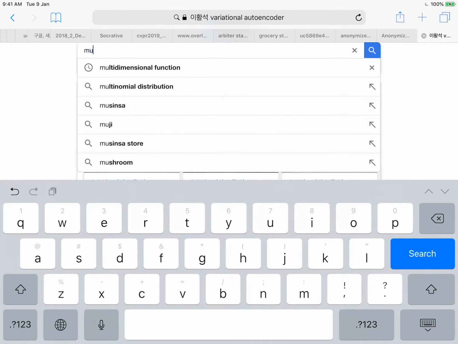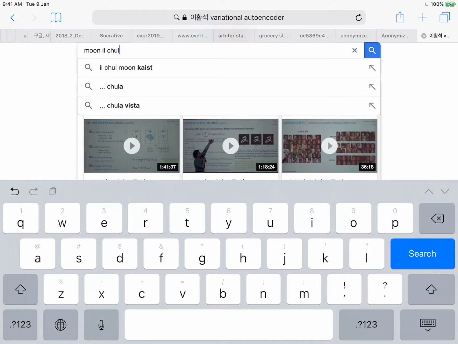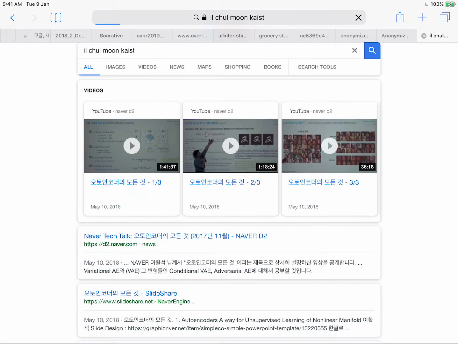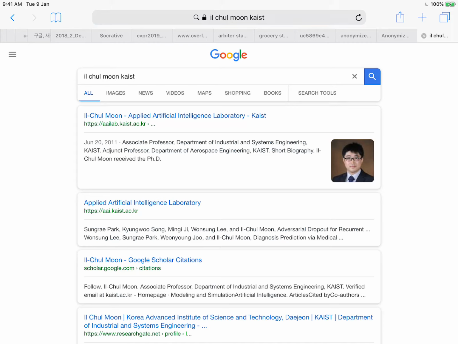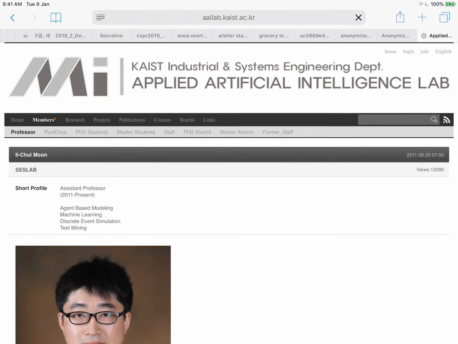And as I mentioned, the theoretical depth of this variational stuff is really deep. So if you're interested, you have to study a whole new literature called probabilistic generative models. And this guy, who is a professor at KAIST, has some good materials and online lectures.